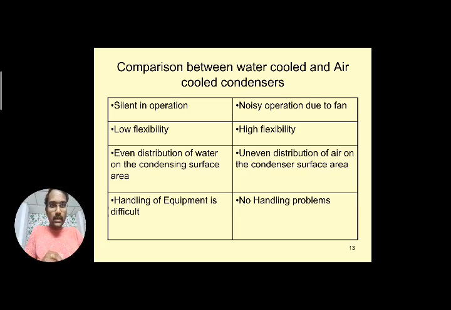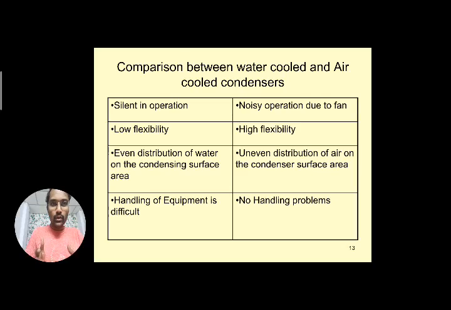Whereas in an air cooled condenser for around 1 ton refrigeration capacity, when the condenser is made compact, the fins are also reduced, so we have to use a forced air cooled condenser. For the forced type, we must place a fan there, so noise will be produced. There is noisy operation in the air cooled condenser due to that.